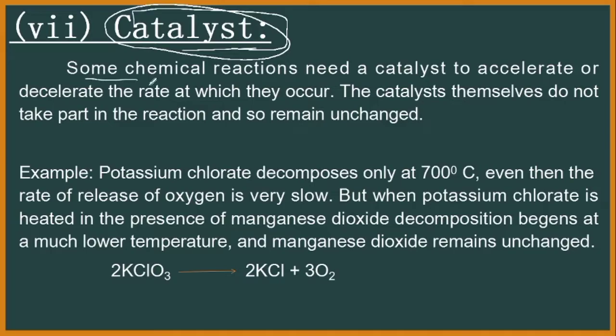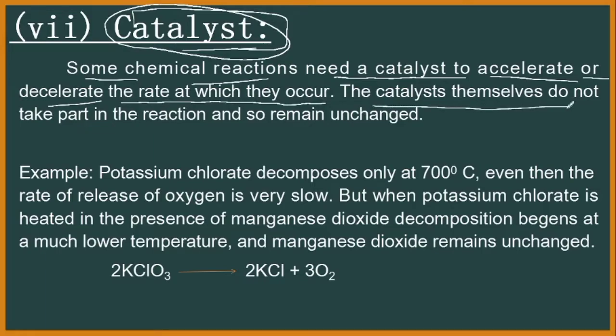Some chemical reactions need a catalyst to accelerate, that means to increase the rate of reaction, or decelerate, that means to decrease the rate of reaction. So they accelerate or decelerate the rate at which reactions occur.